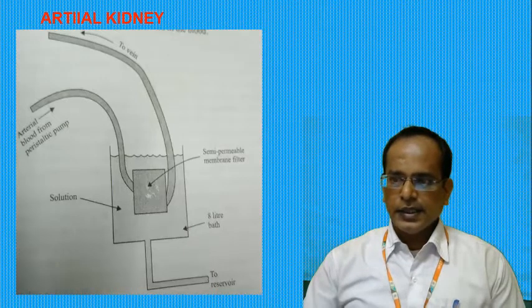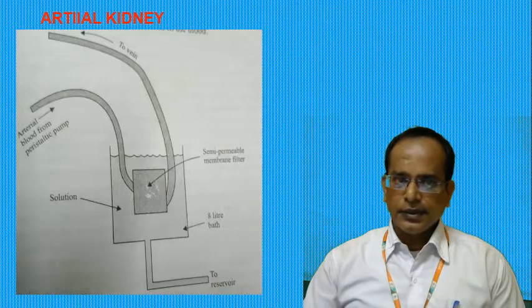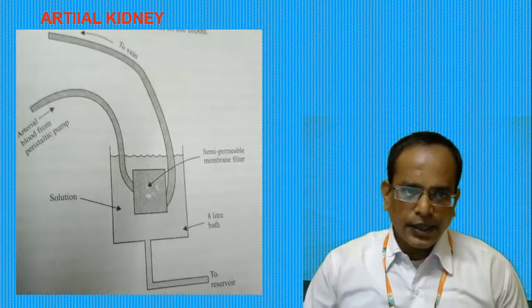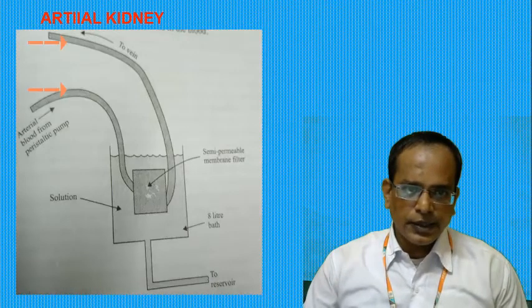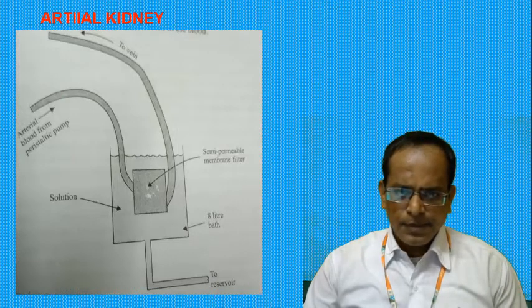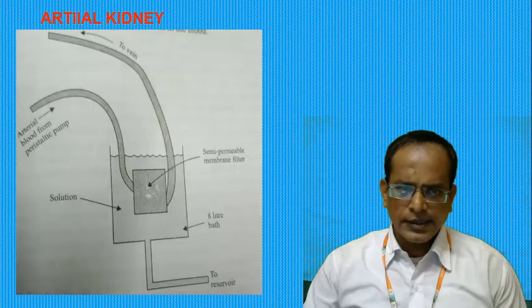Here the blood is taken from the vein and from the arterial side. It is given to the peristaltic pump, which is connected here. In these tubes one solution is put.